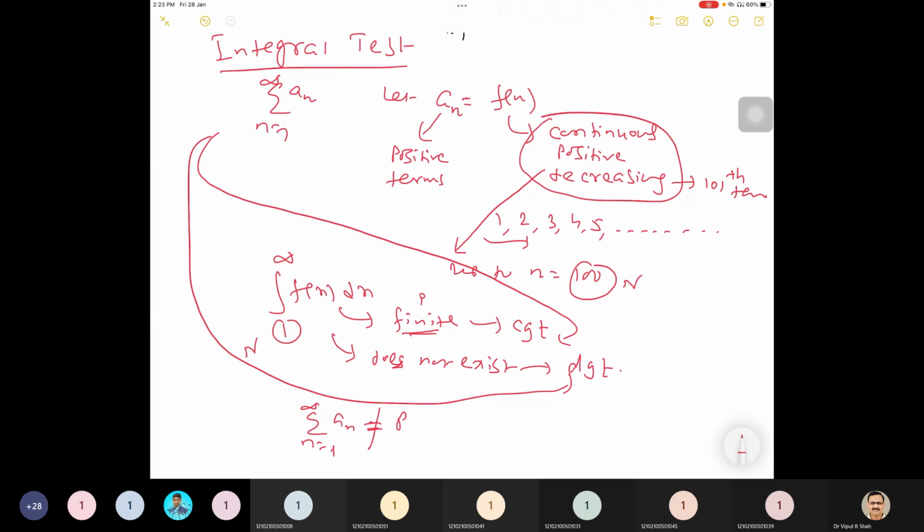Okay, so this is about the integral test. Write down. Let us take one example so that you get the idea.